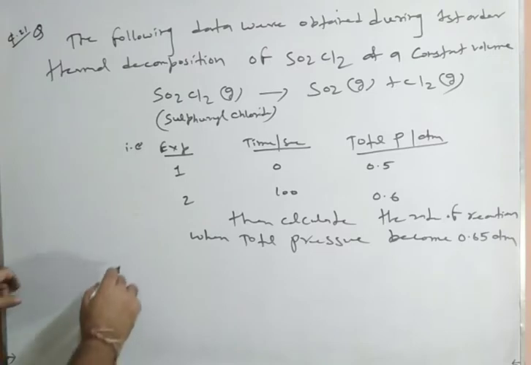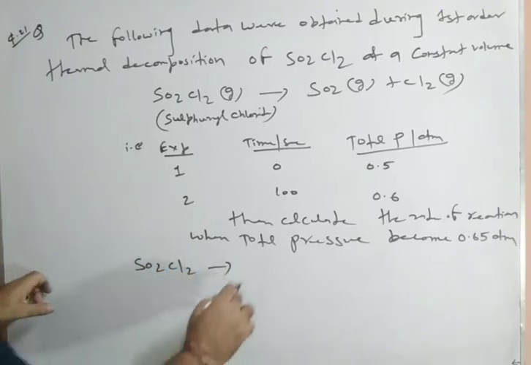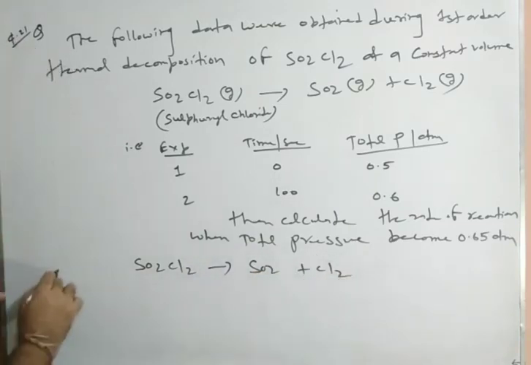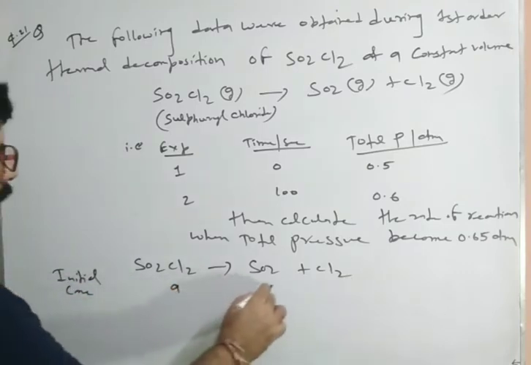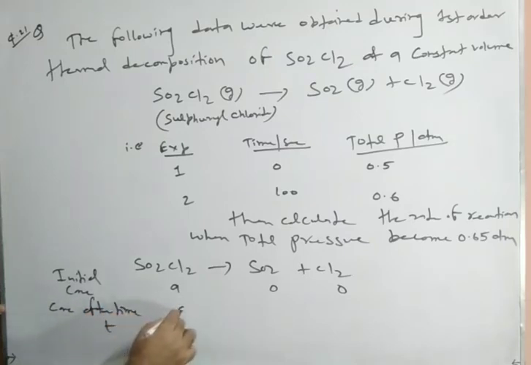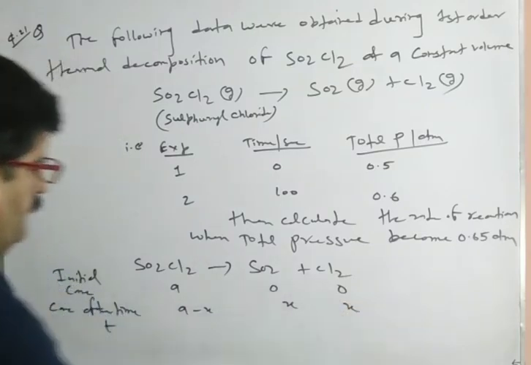So according to the reaction, we can write SO2 plus Cl2. Initial concentration, suppose a, 0, similar to the previous one. Concentration after time t, we can write a minus x, x and x.